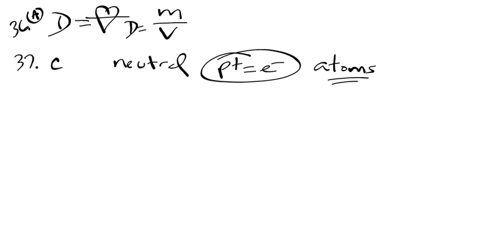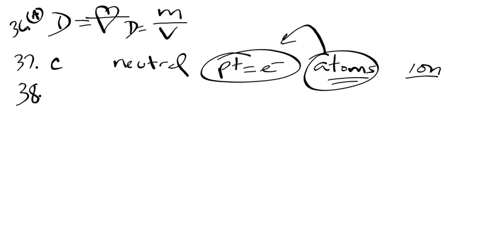So the naming is important. The words you use in your answers and in the questions are important. Atoms are neutral. If it says an ion, you're looking at a charge, a plus or a minus charge. And that would be where you do not have the number of protons being equal to the number of electrons. It could be greater than or less than.